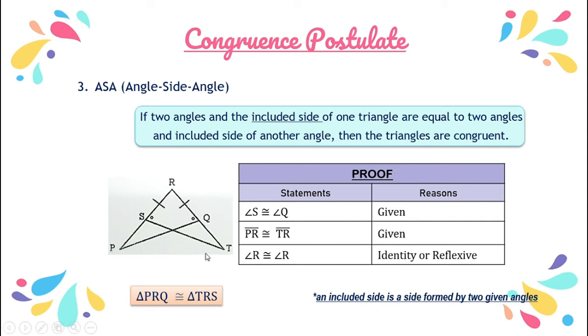You can see the triangle TRQ congruent with triangle TRS. The angle of S congruent with the angle of Q, given in the picture, and segment PR congruent with segment TR, given, and the angle of R is congruent with the angle R. Why?